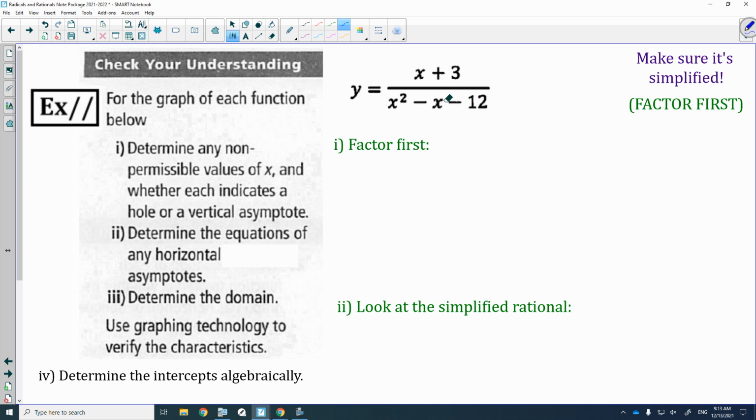So again, if you have this, factor it. So look for the two values that multiply to -12 and add to -1. So that's going to be 4 and 3.